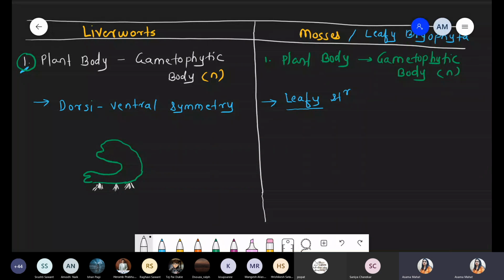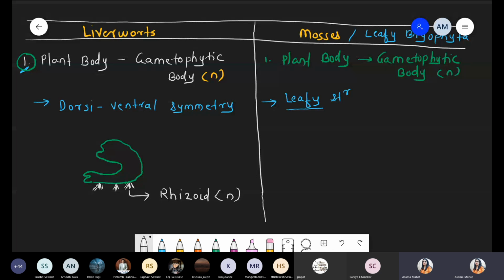This outgrowth is called the rhizoid, and you know very well rhizoid is a root-like structure. What is the ploidy level of rhizoid? Totally haploid, because we are talking about the gametophytic body, which is totally haploid in nature.